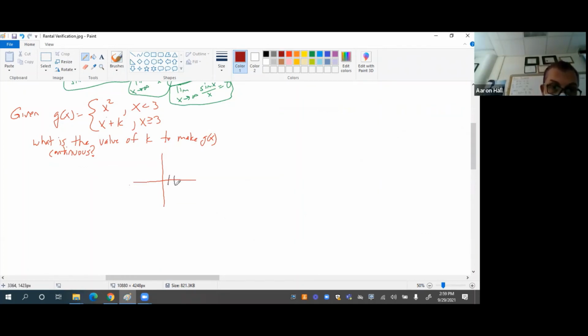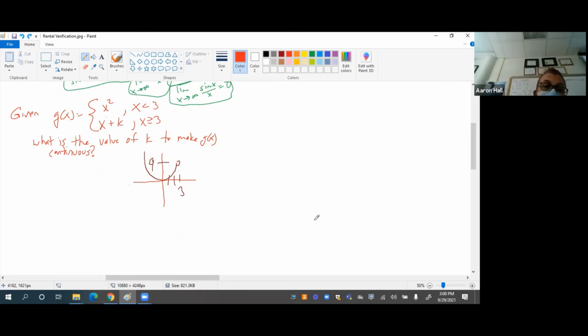So 1, 2, 3, something like this. Well, what's the corresponding y value? What is it? 9. Now I need to try to find some line. What kind of function is this?